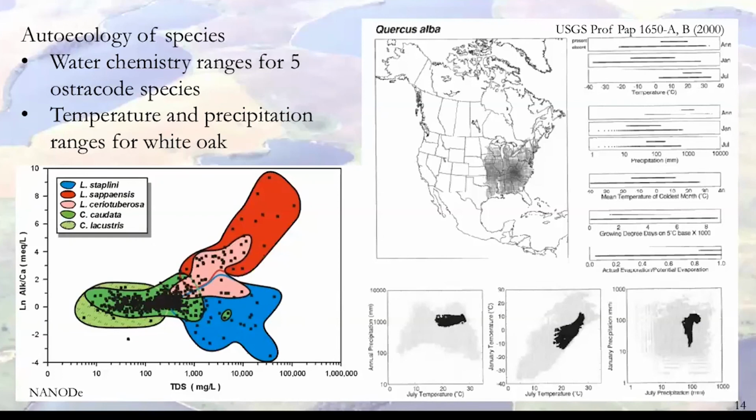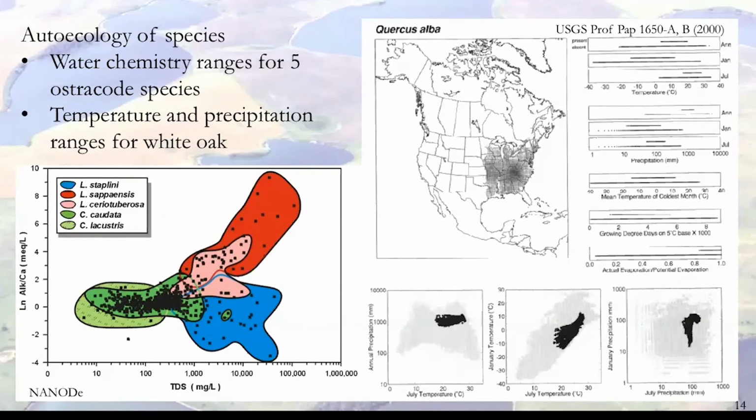So looking at charge against charge, you see that some species prefer waters that have a low alkalinity to calcium ratio, and some are in a high alkalinity to calcium ratio. And in dilute waters, they're all staying sort of near an alkalinity to calcium ratio of 1.